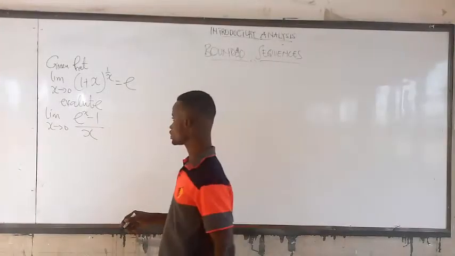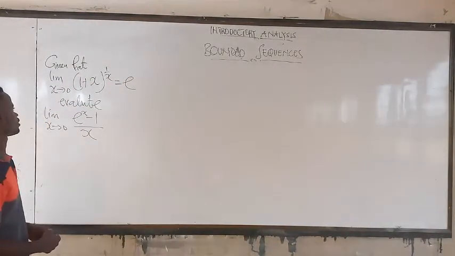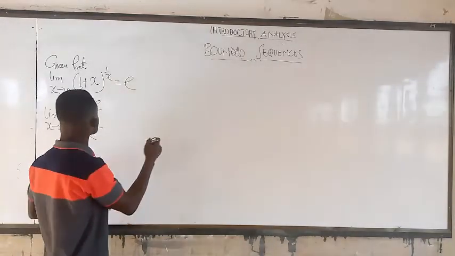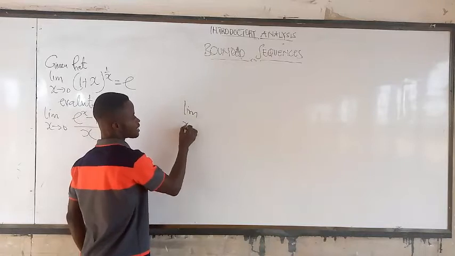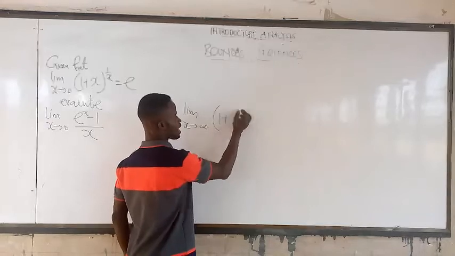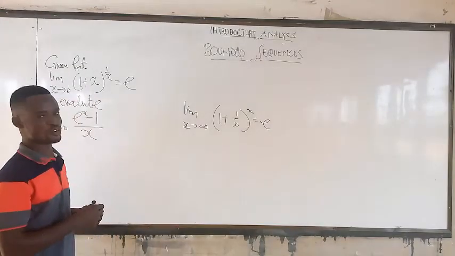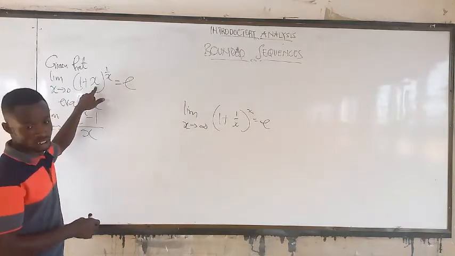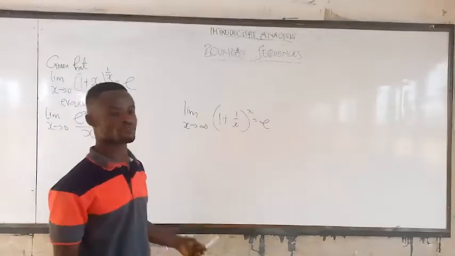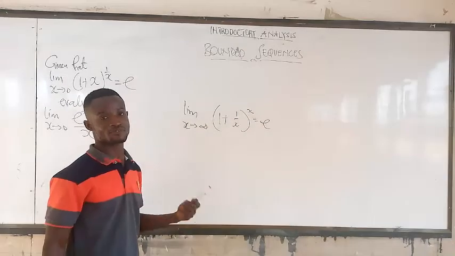Alright, let's continue. Given that this is equal to this, and you have established that, very good. This is equal to this, it's true. Because if the limit as s approaches infinity of (1 + 1/s)^s is equal to e, then we can issue the same equivalent statement for this, as when you are having n, and we issue the same for y.